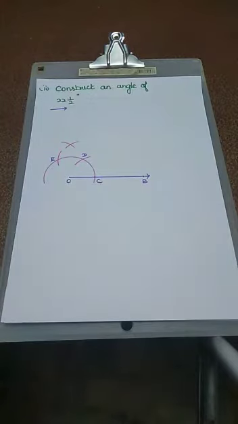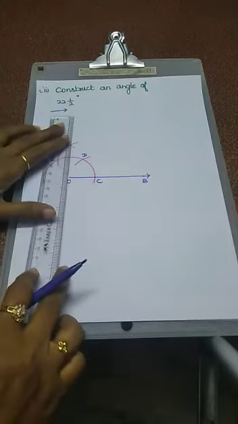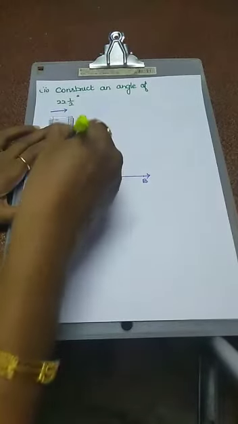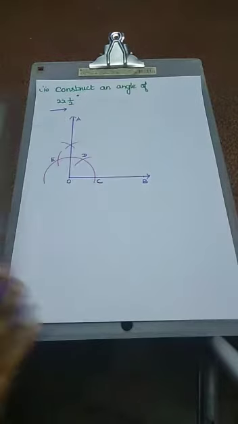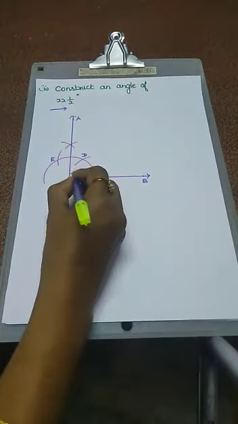Now we get one intersecting point A. We just join that OA. This is the 90-degree value.